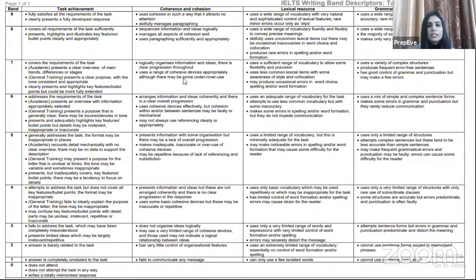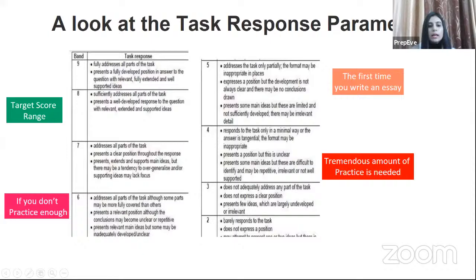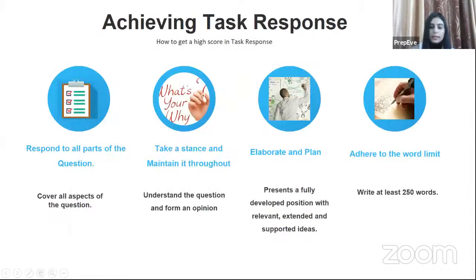Uses a range of cohesive devices appropriately, although there may be some underuse, overuse. There may be some underuse, overuse becomes your dependent clause, and your independent clause is the first half of the sentence because it conveys a meaning of its own.